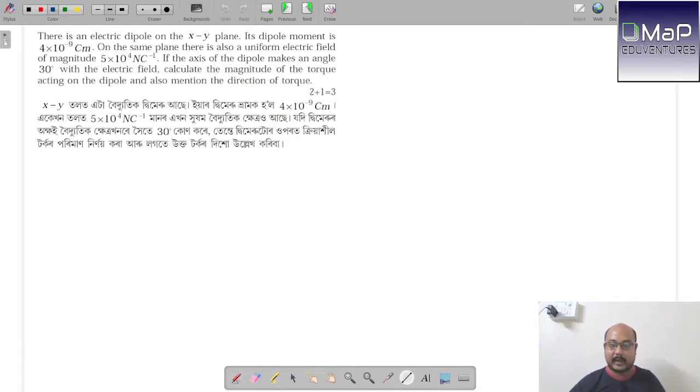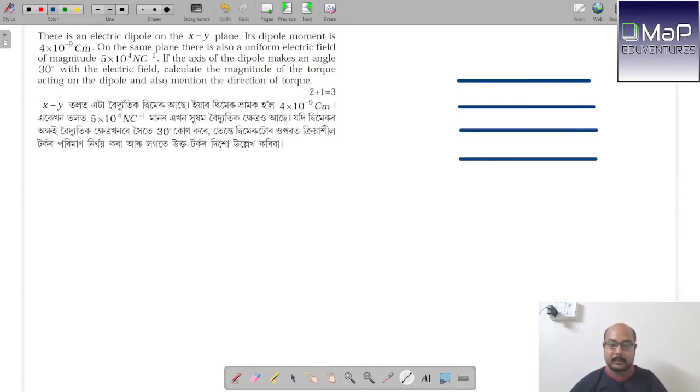The question has nothing more, let me show a simple diagram. Here we have a uniform electric field like this. In this electric field it is said that there is an electric dipole in this xy plane. Suppose this is my negative charge, minus q, of the dipole, and here there is a positive charge, plus q, and the straight line joining the two charges.